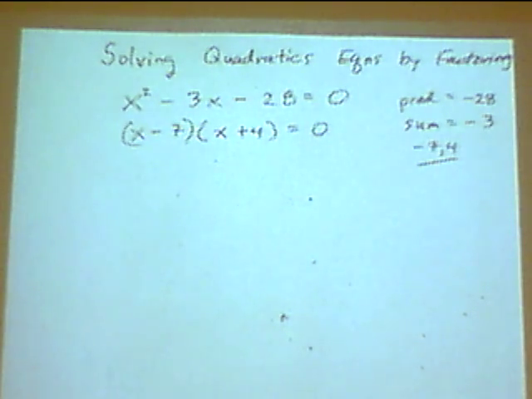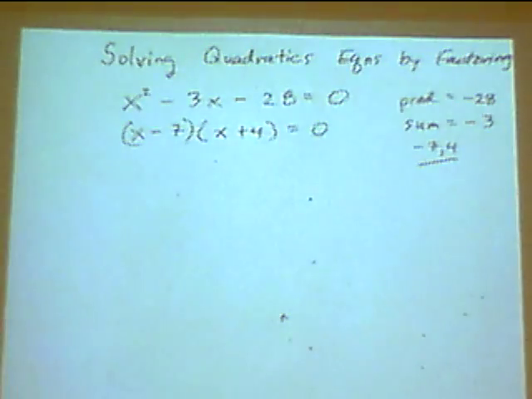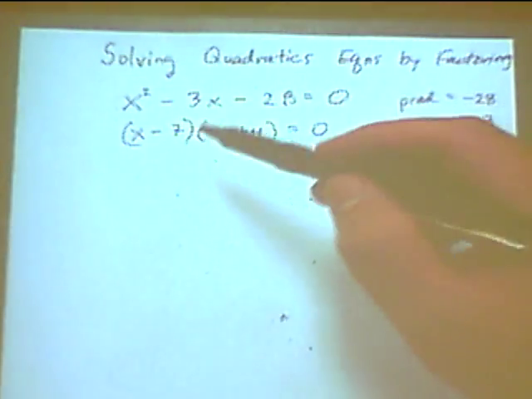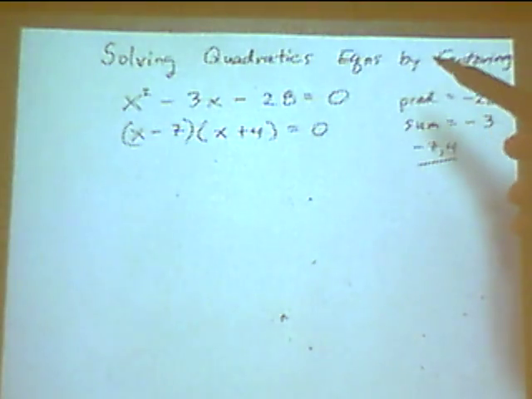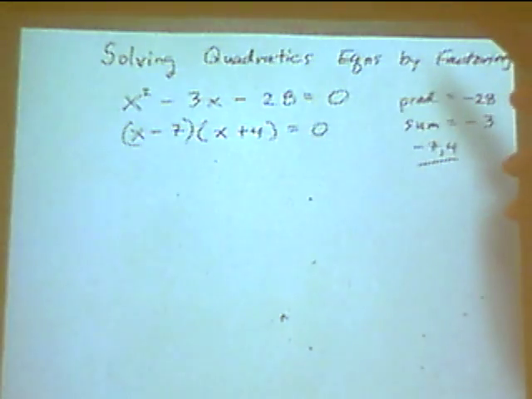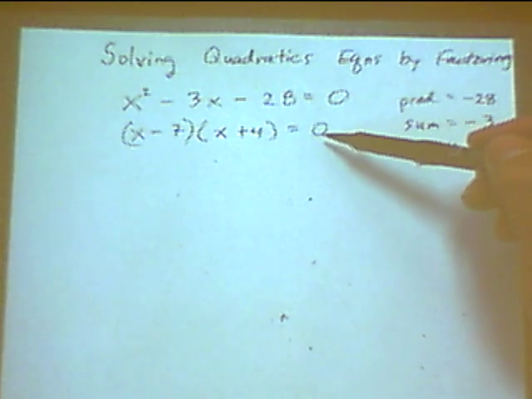Now the whole key to why factoring is useful in this case, if you look at this initial equation, we have no way of solving for x using our normal rules like for a linear equation by moving things from side to side. However, if we factor, here's what we end up with. We're multiplying these two parentheses together. Now they have to equal 0.